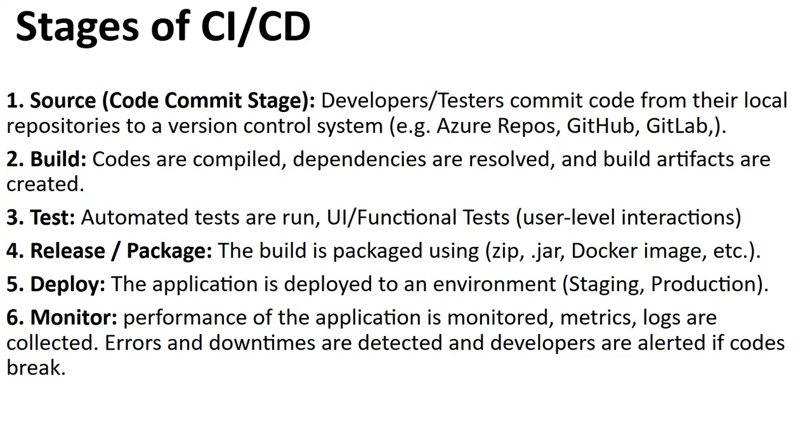At this stage, the application is deployed to an environment, whether staging or production, and then we monitor the performance of the application using metrics, and logs are collected. If we find any error, this error will be taken into planning, and then corrections are made from those errors.